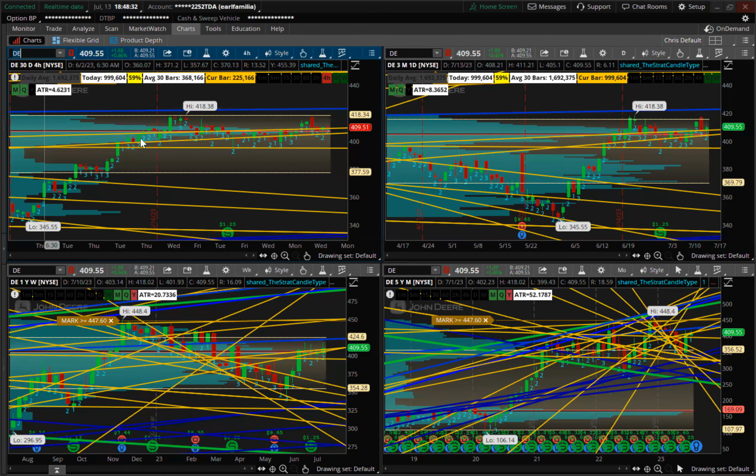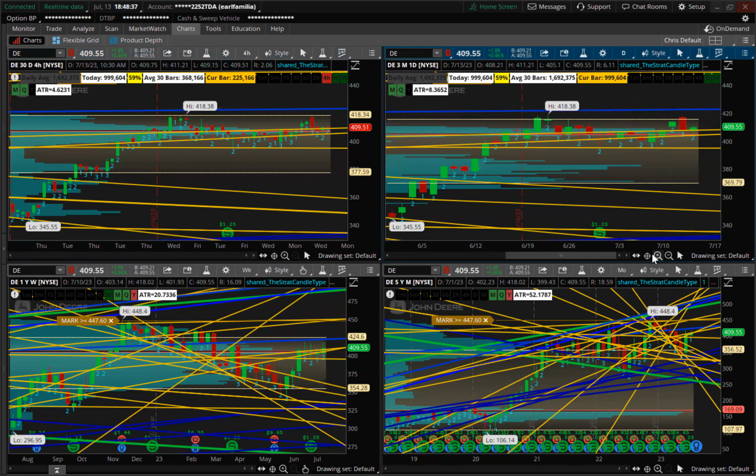All right, John Deere, we're looking at a 3-2-2 setting up for tomorrow. That looks like barbecue chicken, honestly. 3-2 down, 3-2-2 tomorrow. I mean, that's pretty straightforward.